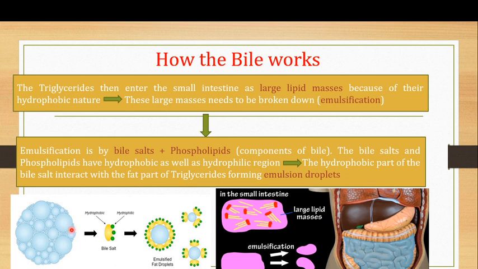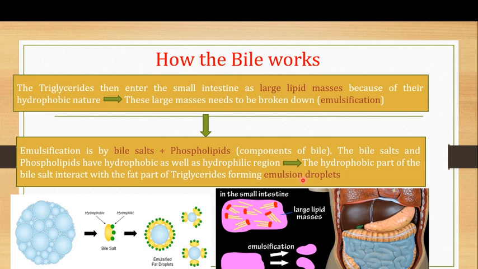Now what happens in the small intestine is that the gallbladder is going to release the bile, and that bile is responsible for the breakdown of these large fat globules into small fat droplets, which are known as the emulsion droplets.